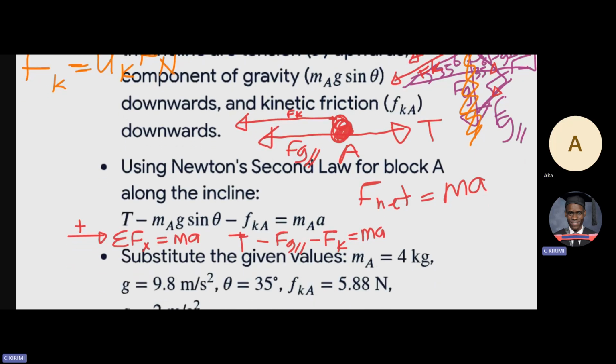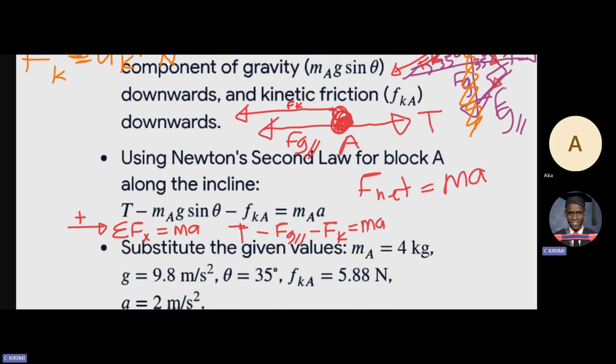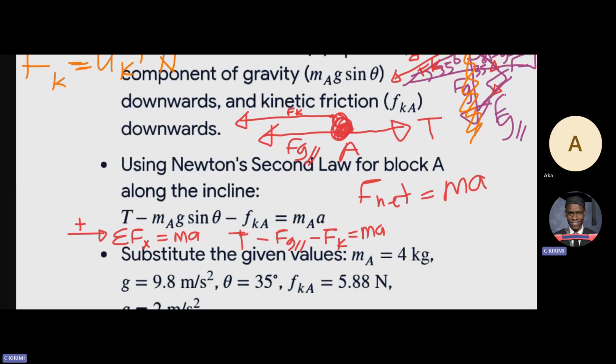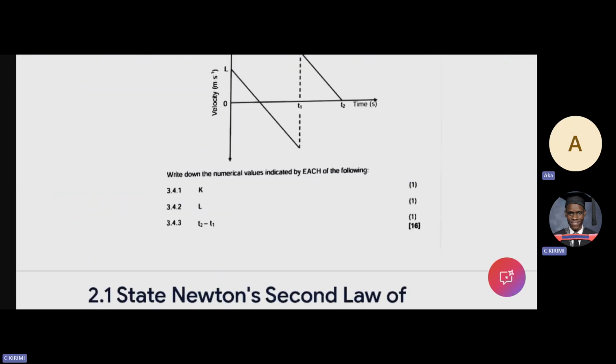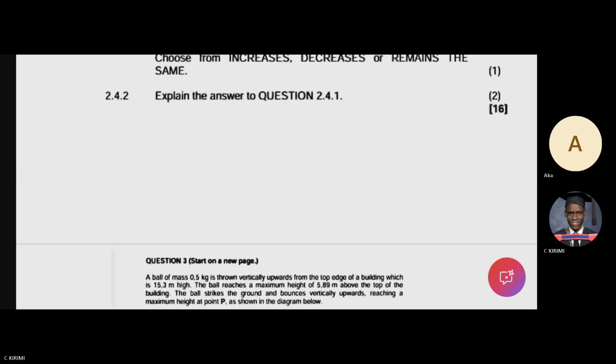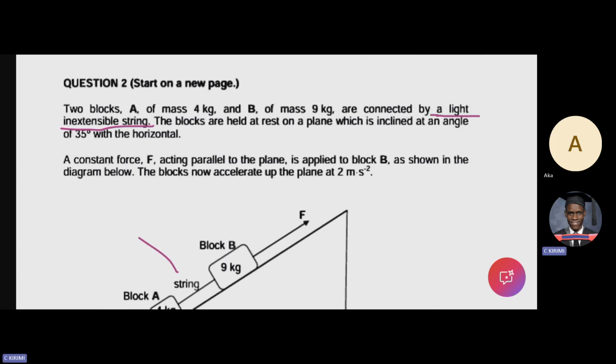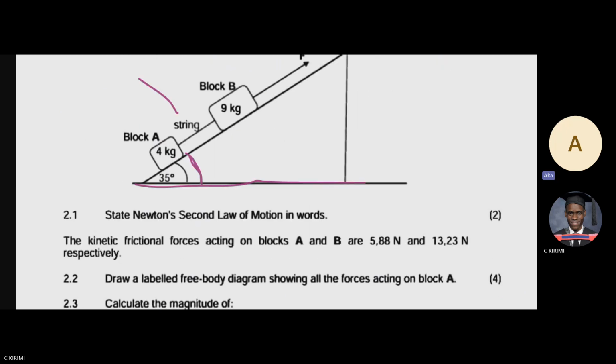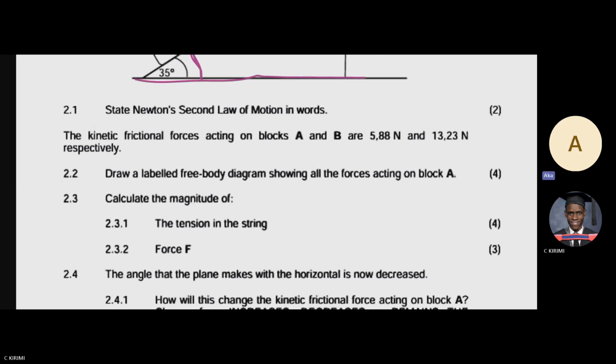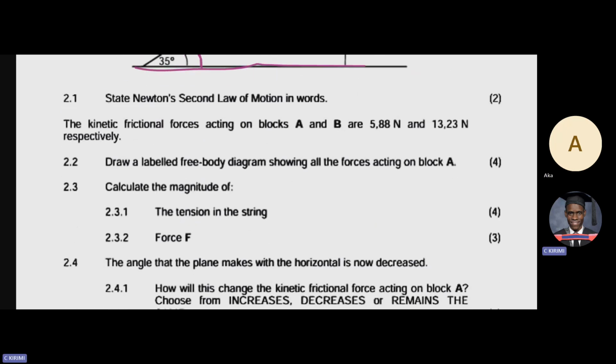So let's have our g as 9.8 meters per second squared. Our theta is 35 degrees. The kinetic friction of A was given. Was it given?